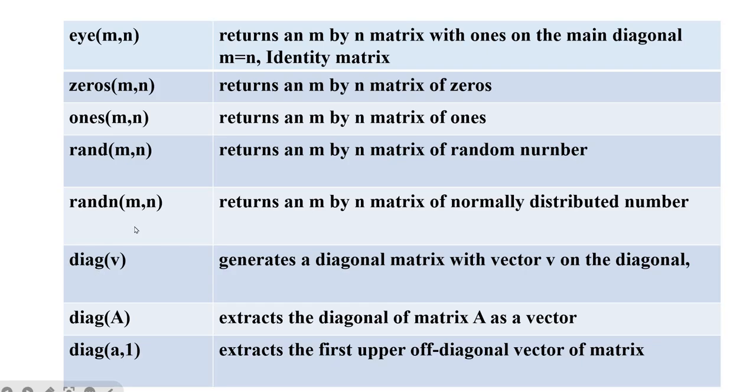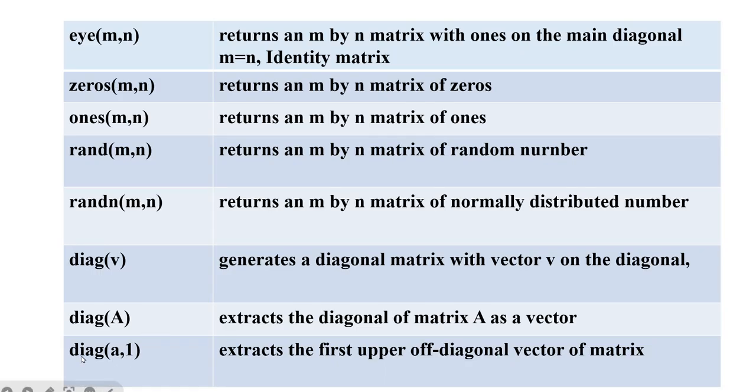In diagonal of V, we give whichever elements we want on the main diagonal, and ask it to generate a matrix with those elements as the diagonal elements. Whereas in diagonal of A, we give a square matrix and ask it to extract the elements of the main diagonal.